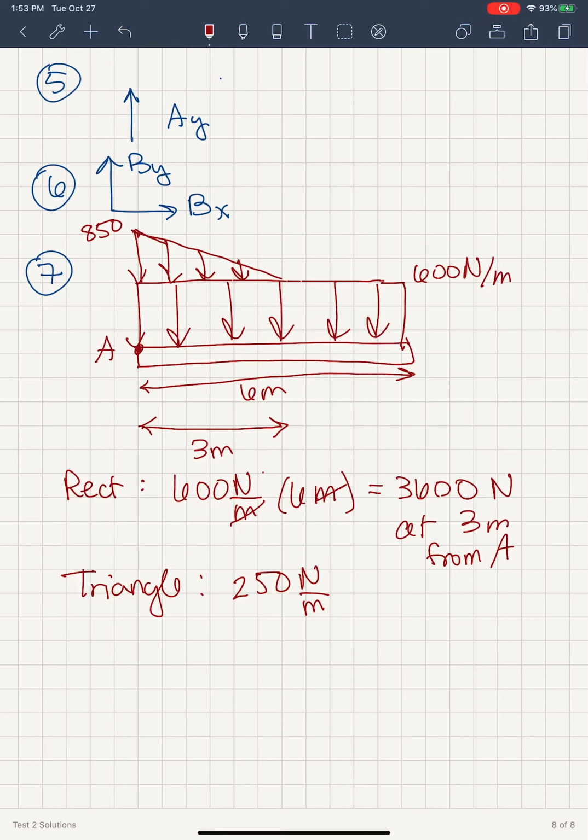So that's at 850 minus 600. And then times 3 meters. And then times 1/2 because it's a triangle. So that's going to give us 750 divided by 2, which would be 375 newtons. And that one would be at 1 meter from A.